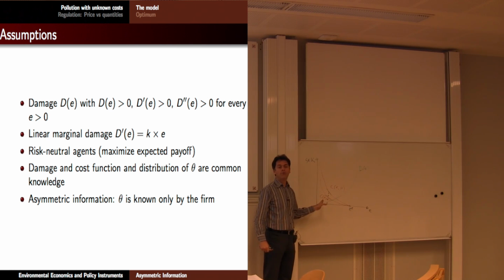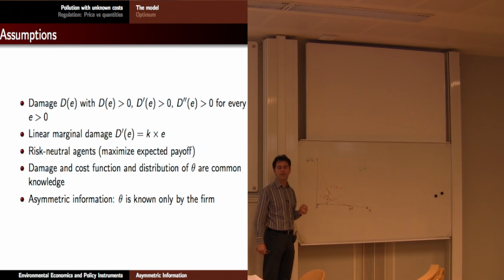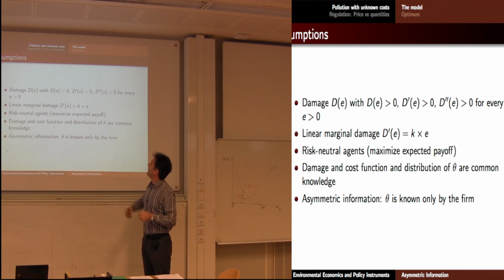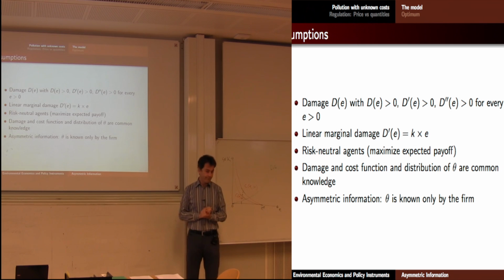But the higher is the pollution concentration, the higher is the impact of one more unit of emission, one more ton of greenhouse gas, for instance. And also, we will assume later that marginal damage is linear. That will mean that the damage function itself is quadratic.